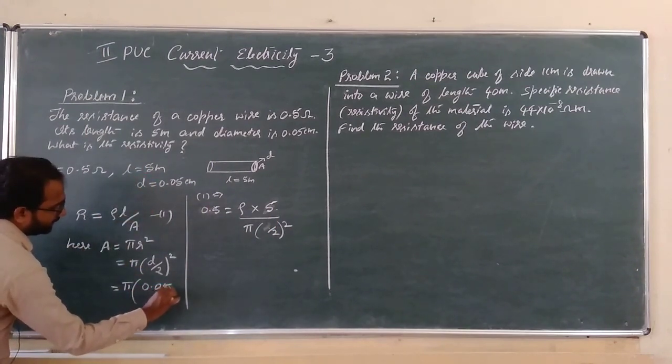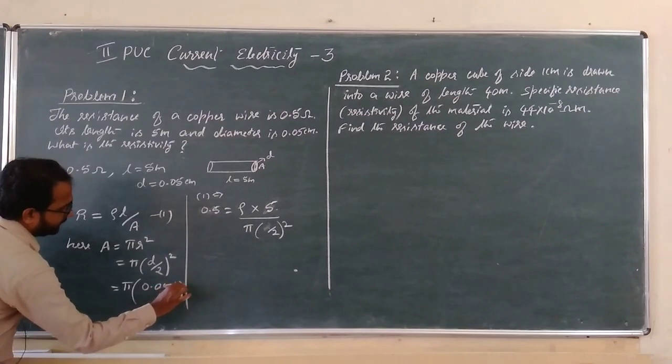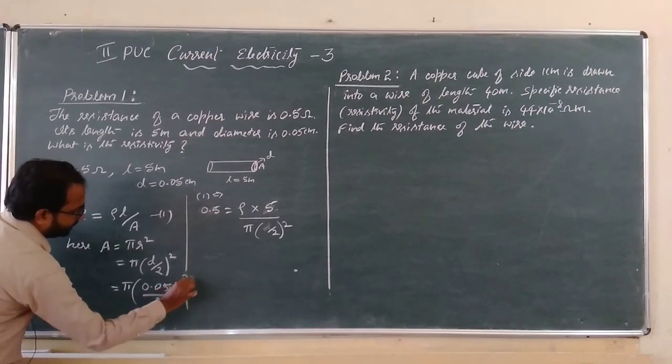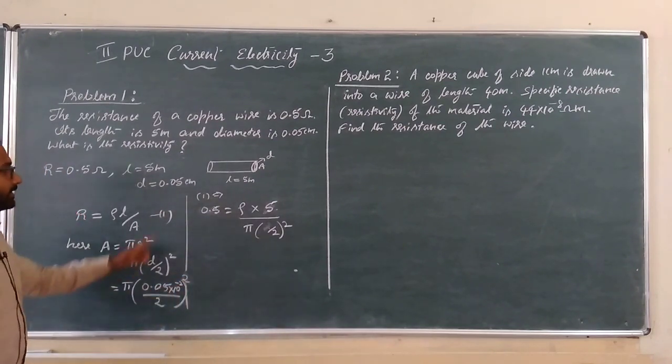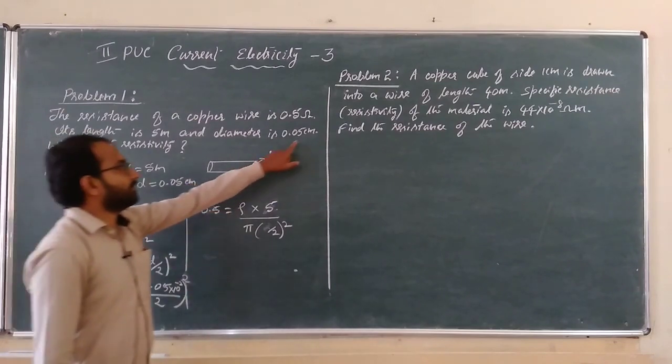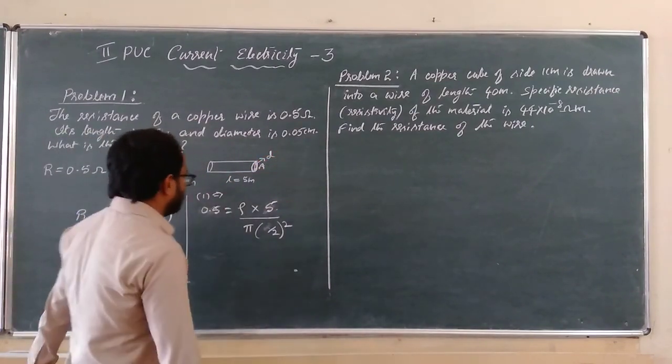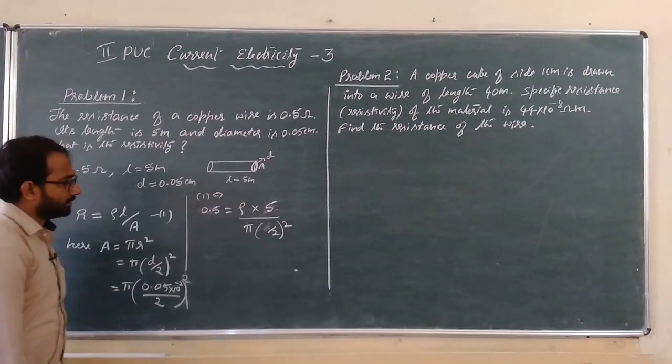0.05 centimeter. You have to write centi means 10 to the power of minus 2, by 2 whole square, right? Okay, 0.05 centimeter, centi stands for 10 to the power of minus 2, so centimeter is 10 to the power minus 2 meter.